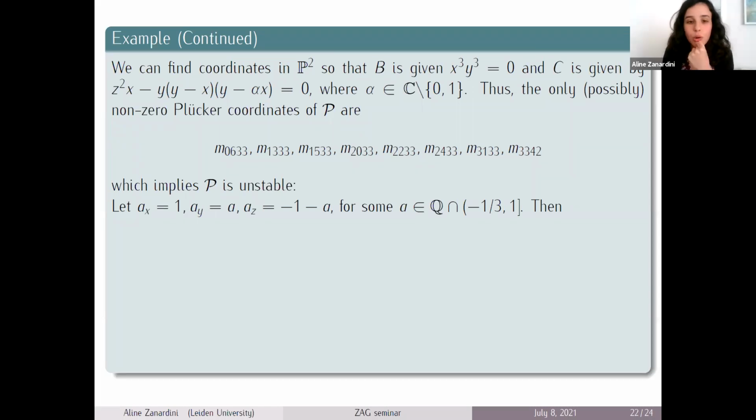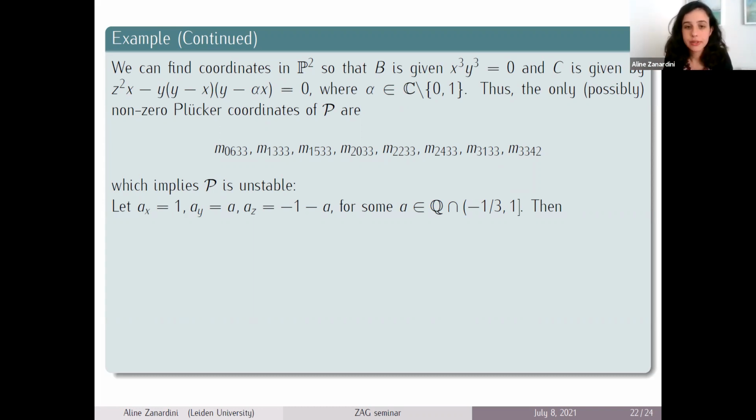Okay, so now I'm just going to exhibit a one-parameter subgroup that makes this unstable. I'm using the same notation as before. So a_x, a_y, a_z are the exponents of t along the diagonal for the one-parameter subgroup.